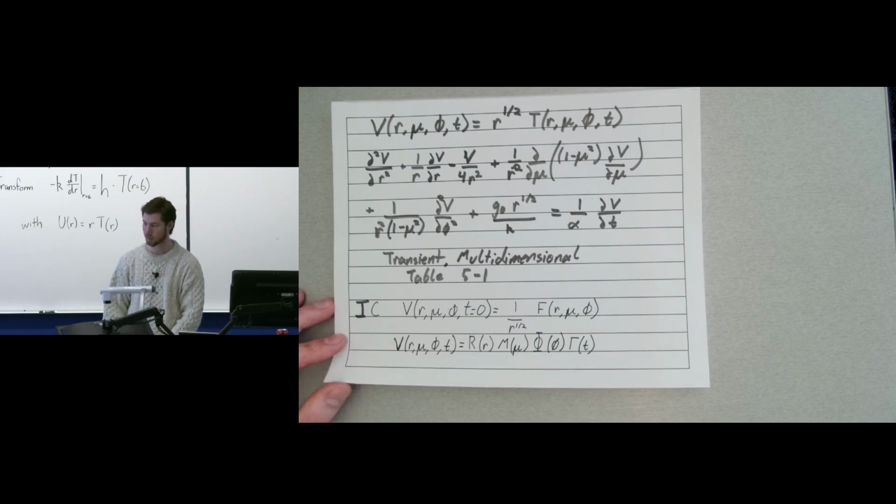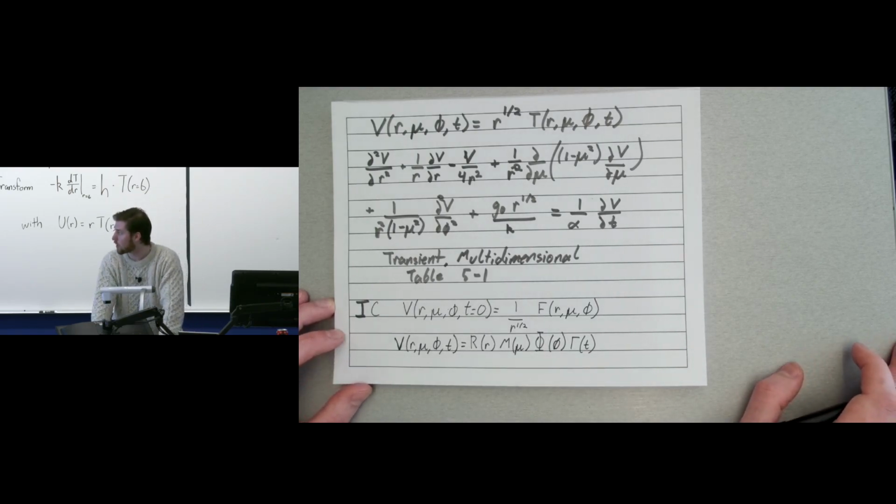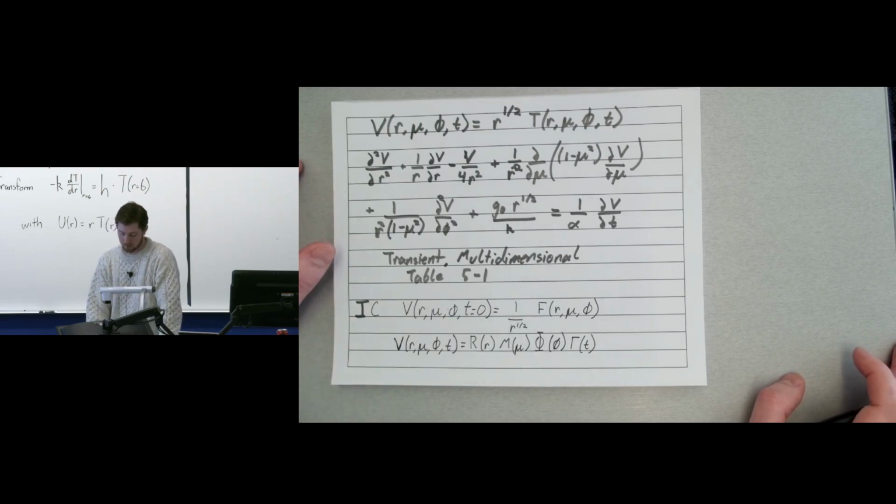Say the initial condition is 1 over the square root of R, but at the top we had the definition as multiplied by the square root. I think I might have that wrong in my notes.